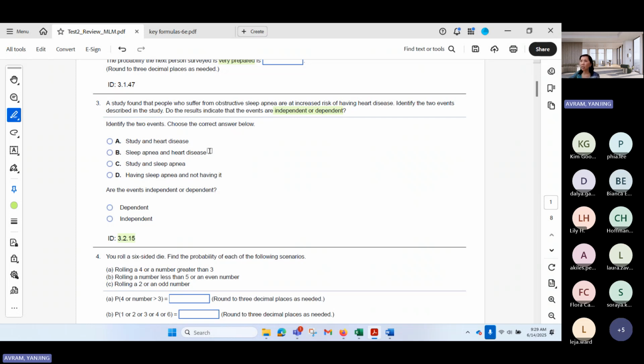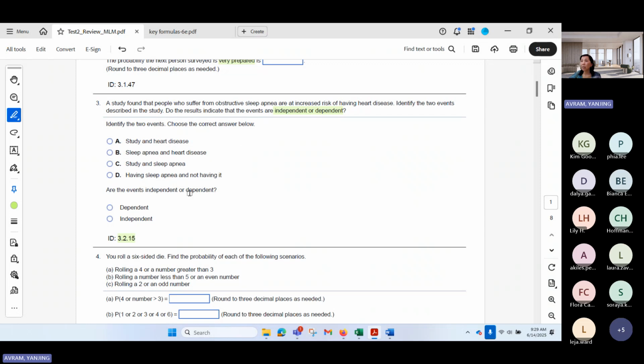So let's look at this one right here. Let's see, study and heart disease, sleep apnea and heart disease, study and sleep apnea, so having sleep apnea and not having it. Okay, so choose the correct answer.